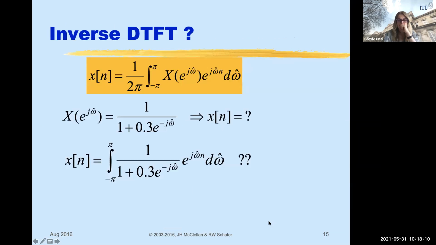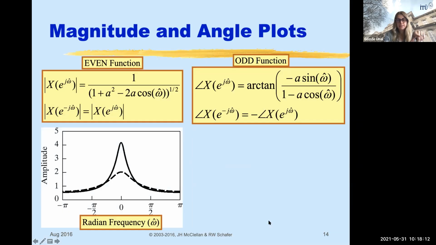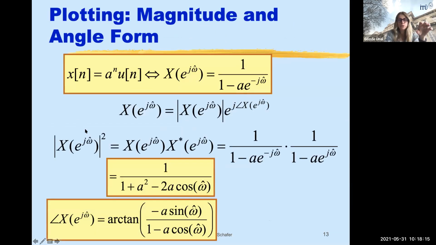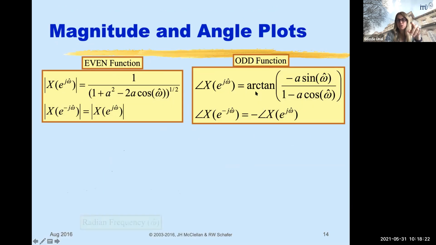So now my question is, we've seen this pair of Fourier transform: right-sided exponential in time domain, Fourier transform 1 over 1 minus a e to the minus j omega.